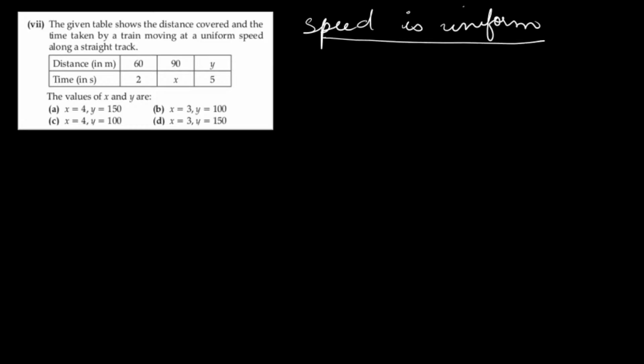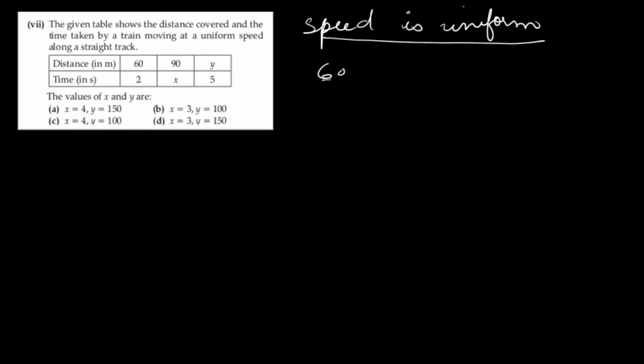So it's mentioned uniform speed, so that means this is a direct ratio, directly proportional. This is a question of ratio and proportion. Speed is uniform, so this is giving us a hint that all the ratios are equal.